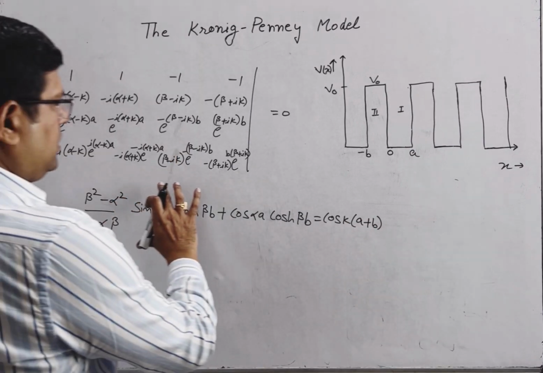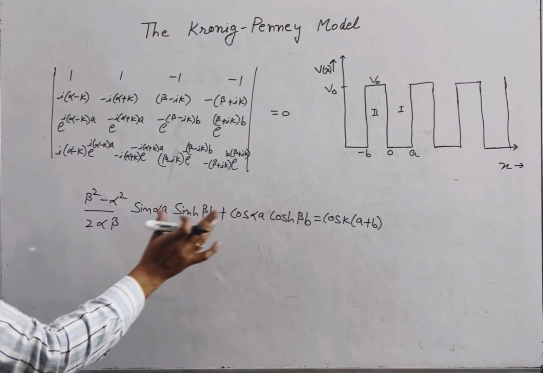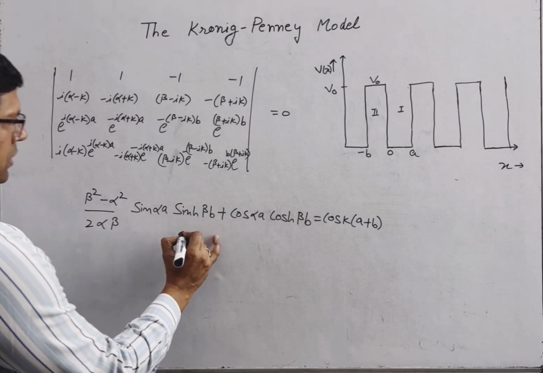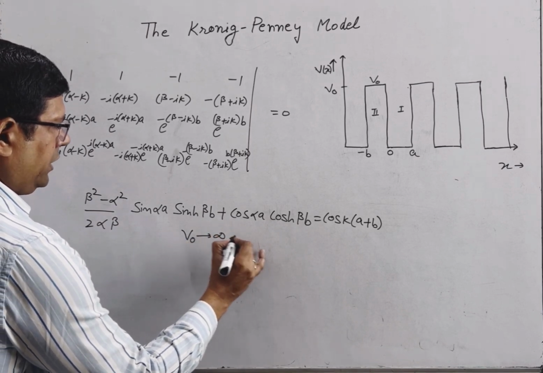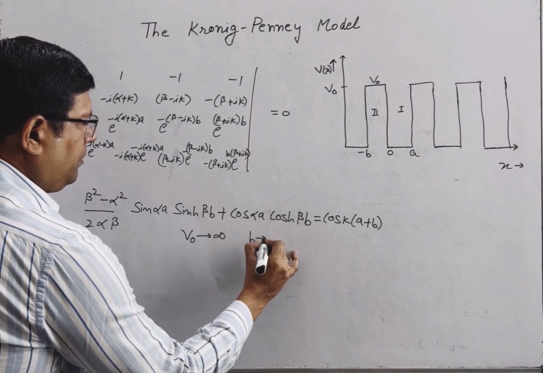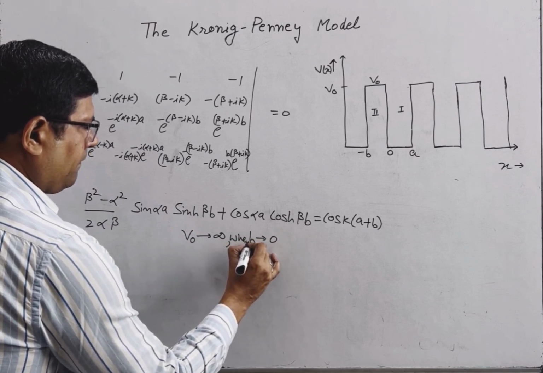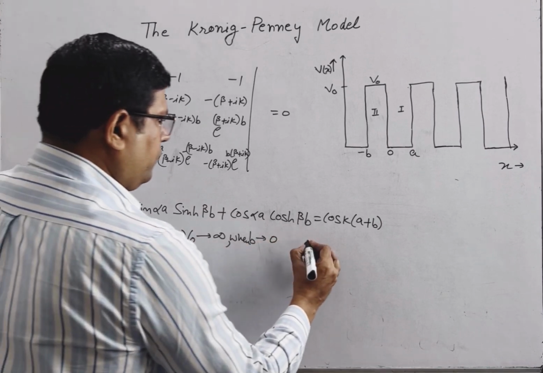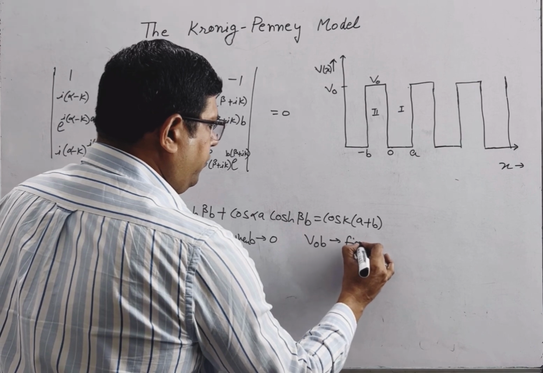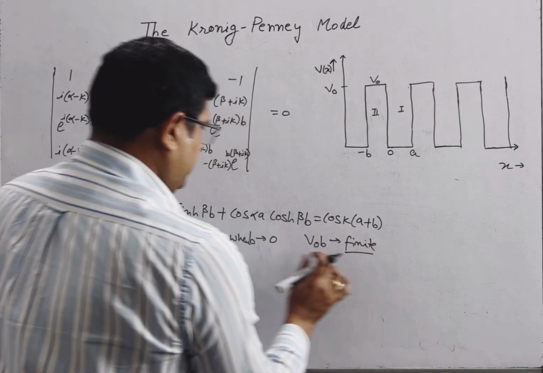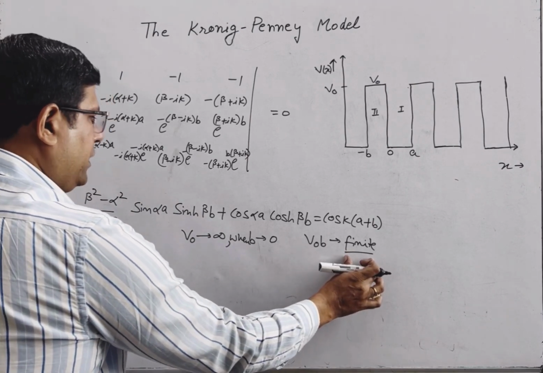Now this equation is quite complex. So Kronig and Penney made some assumptions here. They assumed V naught approaches infinity when b approaches 0, but V naught b, the product of these two, must be a finite quantity.